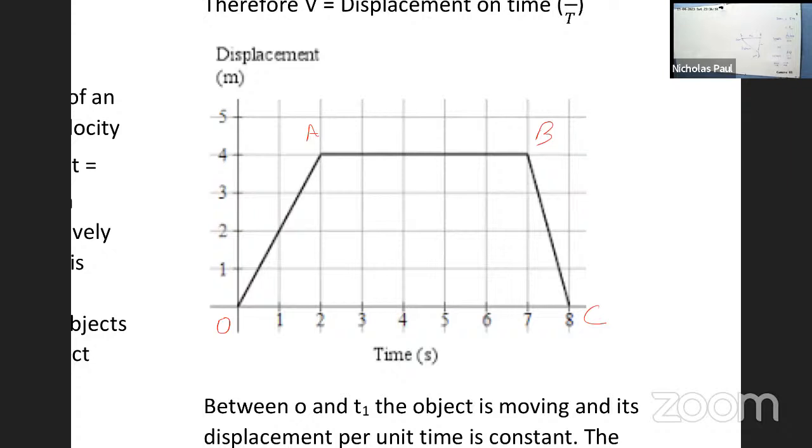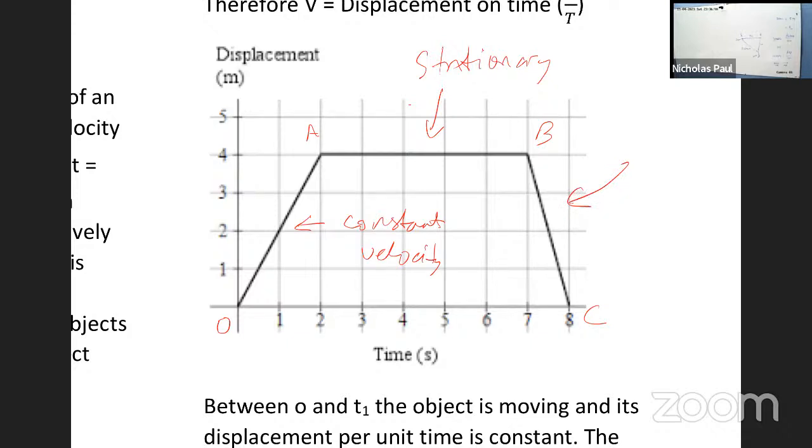So O to A, the person is moving with constant velocity. Right? But A to B, the distance is staying the same while time is going. So it means that you're not moving, right? So it means that the person is stationary. All right?